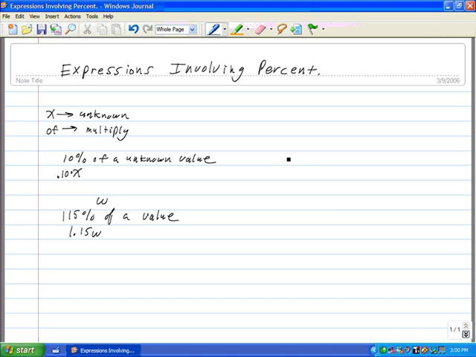If we said, for example, that S represented your salary last year, and your salary is going to increase by 3%, then the expression that would describe this would be S for your original salary plus, as in increased, 0.03 would represent the 3%, and we have to understand that this is 3% of your salary, which means 3% times S. If that S is not in there, then what you have written is salary plus 3 cents, not 3%.